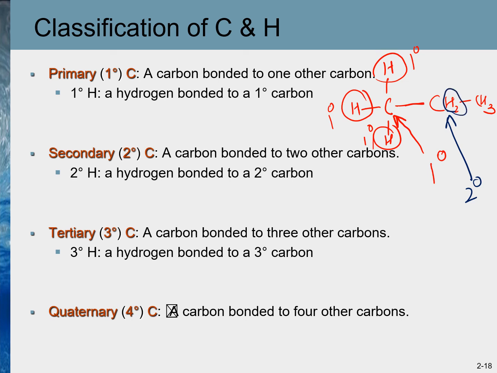So therefore, these 2 hydrogens are secondary hydrogens. Tertiary carbon is a carbon bonded to 3 other carbon atoms. So we have to write another example now. We don't have to show hydrogen separately.